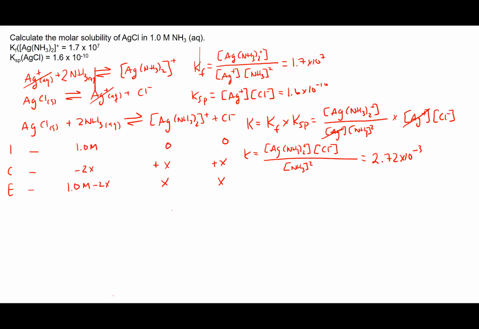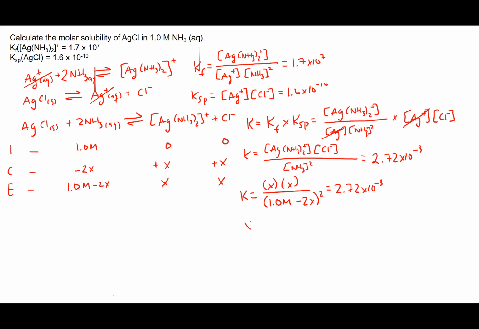So we can simply plug that into our K expression over here. K is then x times x over (1.0 molar minus 2x) squared. Don't forget that squared part right there. And that's going to be equal to 2.72 times 10 to the negative 3.